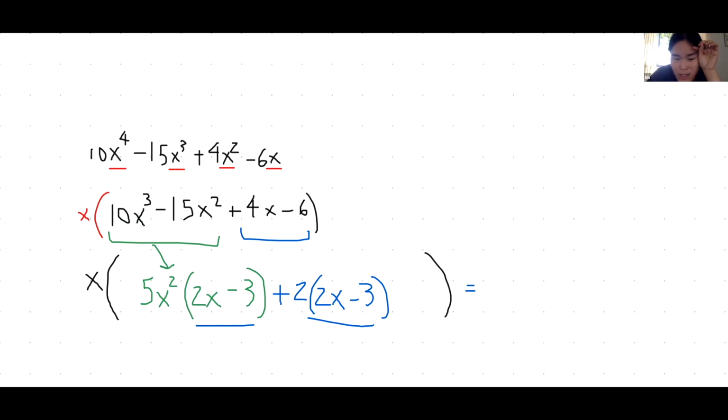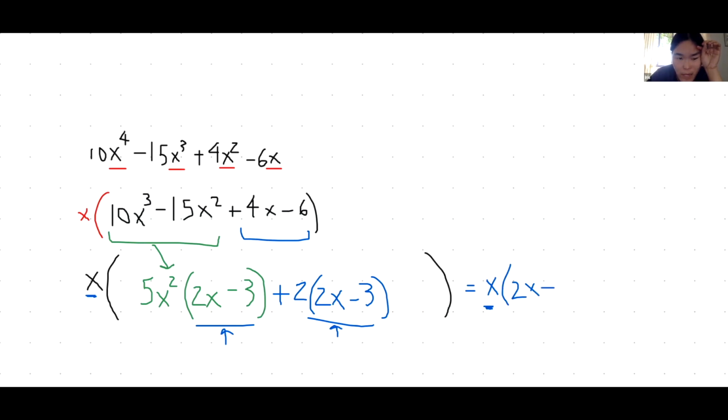So here's the x. This x here is this guy. Don't forget him. And then now I'm going to take the 2x minus 3. It's multiplying both of the big terms inside the big parentheses. So I can take it out like this, 2x minus 3.